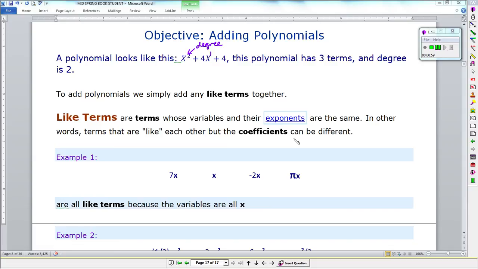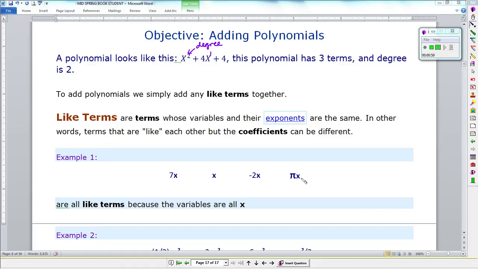To add polynomials, we add like terms together. So let's talk about like terms. Like terms are terms whose variables and exponents are exactly the same. Looking at the first example, here we have 7x, x, negative 2x, and pi x.